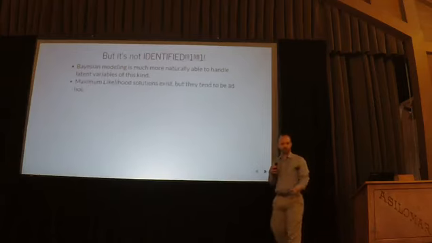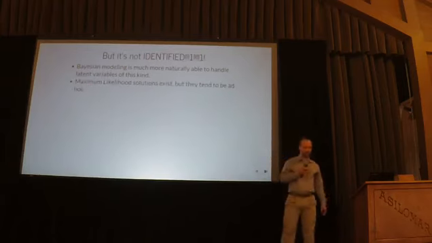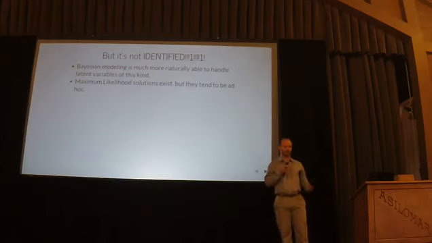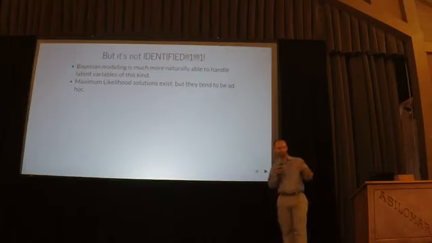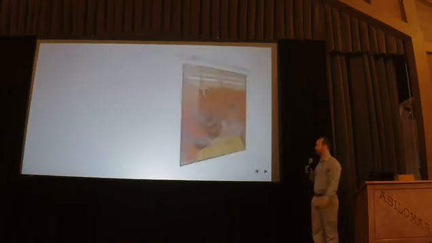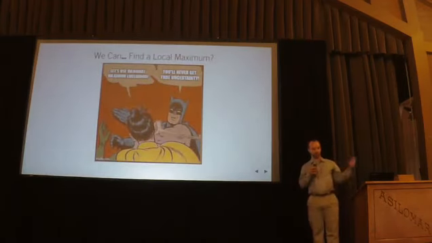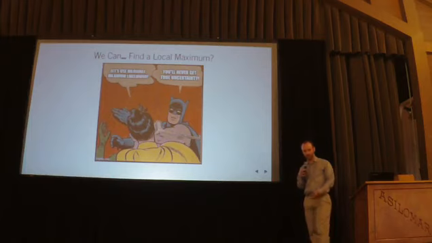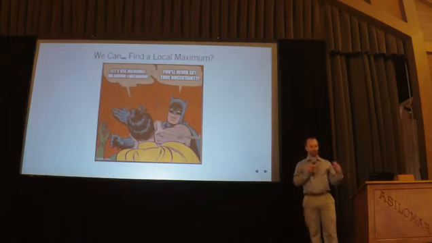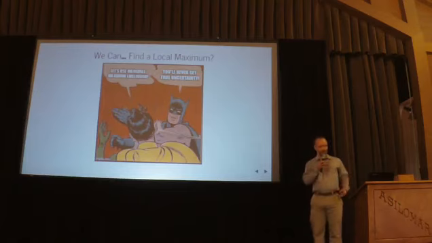You can do all this in maximum likelihood as well, and there are great R packages that do this, but the solutions tend to be ad hoc because once you have these latent variable models, you can't use standard maximum likelihood estimation. You have to use things like marginal maximum likelihood, a form of expectation maximization. One of the problems is that you have to design a different one for every model, and you may not get uncertainty or standard errors for all your parameters.